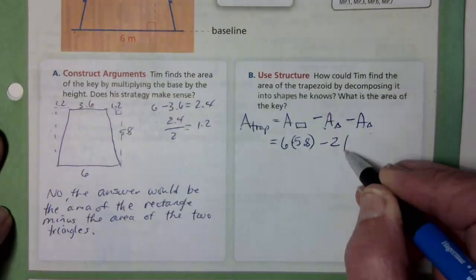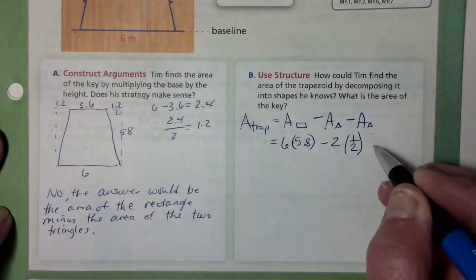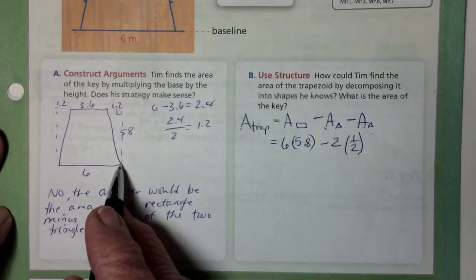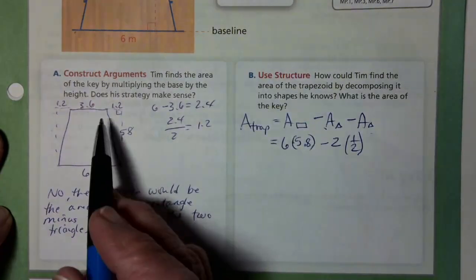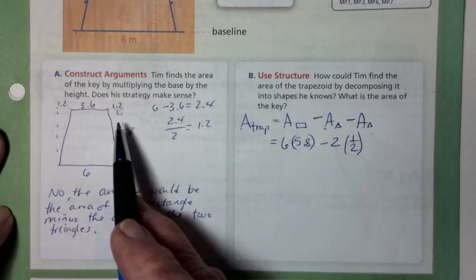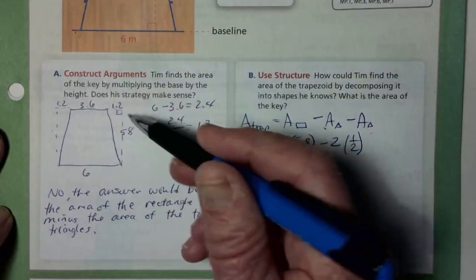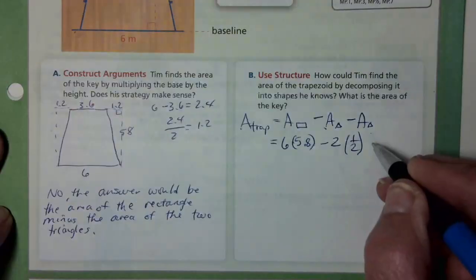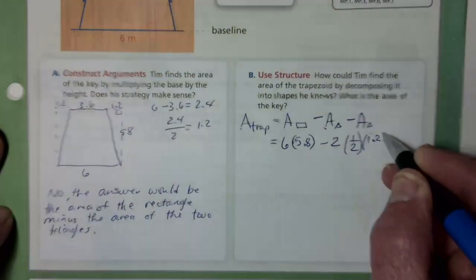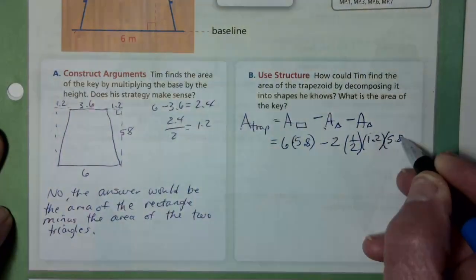Well, the area of the triangle is a half times a base of 6, times a base of 1.2. See, the triangle right here has got a base of 1.2 and a height of 5.8. So times a 1.2 times a 5.8.